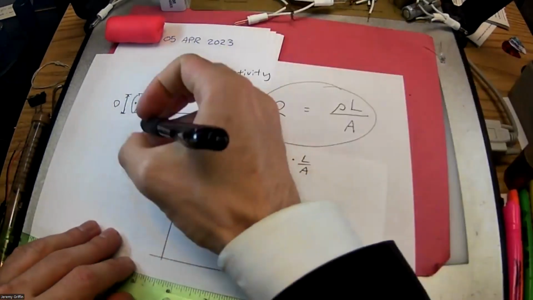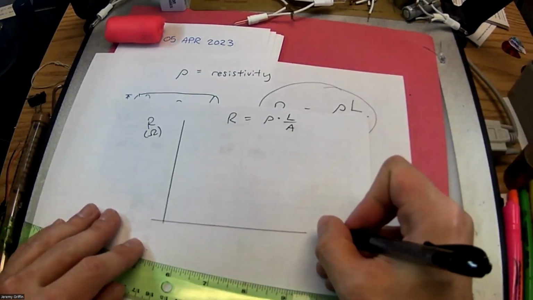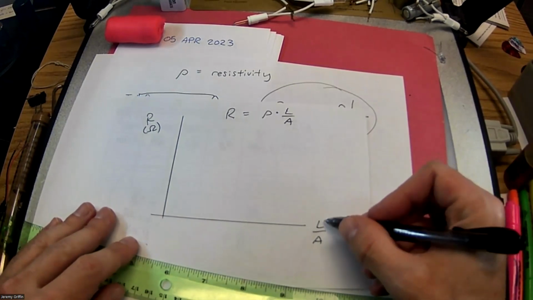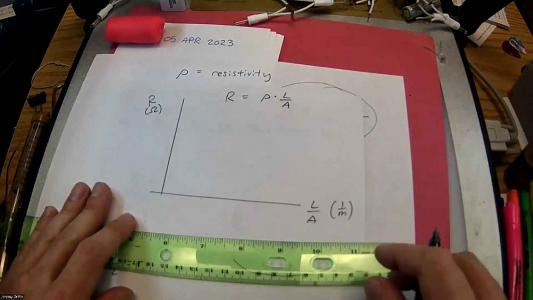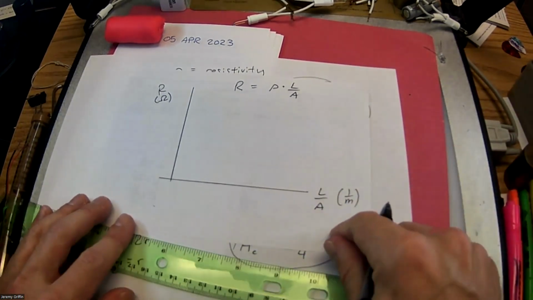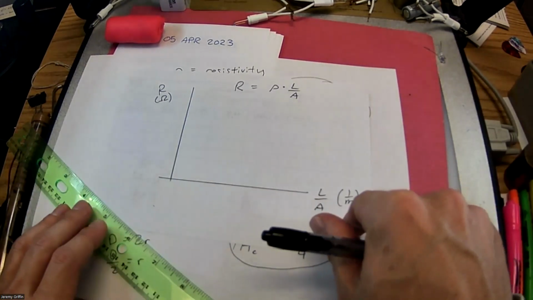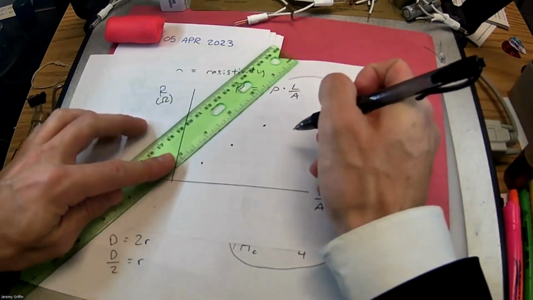If you put resistance in ohms on the vertical axis and length over area on the horizontal axis, what would this be? Meters divided by square meters, that's like 1 over meters, which is a weird unit. Think about it, an abstract idea. But if you make different shaped cylinders with different ratios of length to cross-sectional area, I bet all these points should line up pretty well in a straight line.